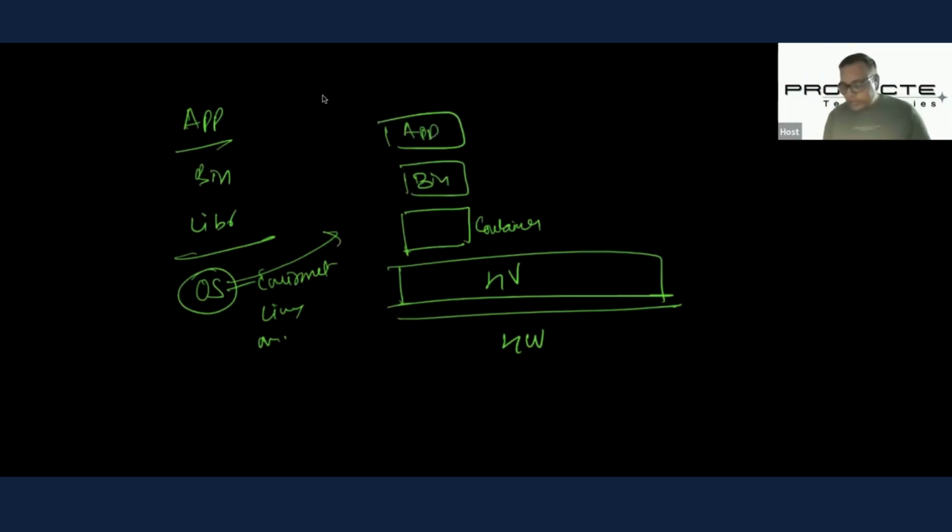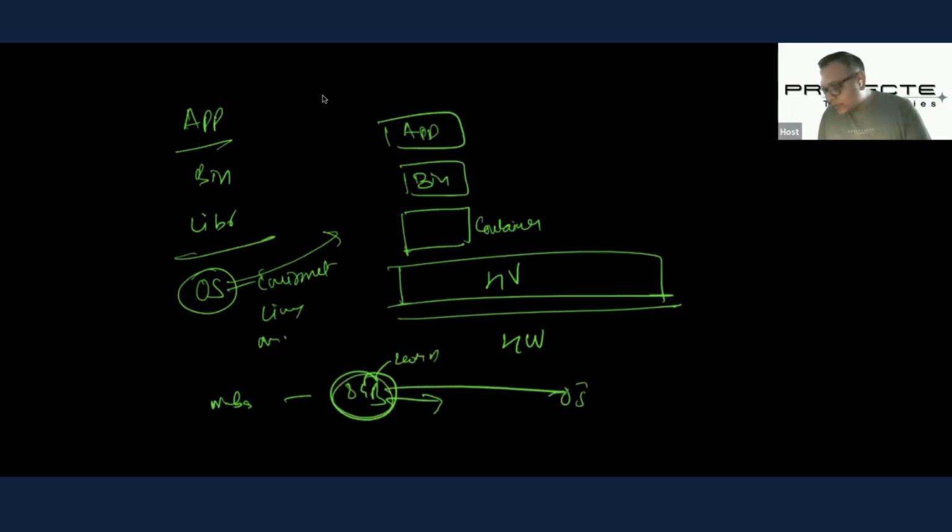Suddenly you see a web server which required 8 GB RAM was hardly using 200 MB. Everything else was being utilized by the OS. So you need only certain dependencies, and you give those dependencies inside that container.